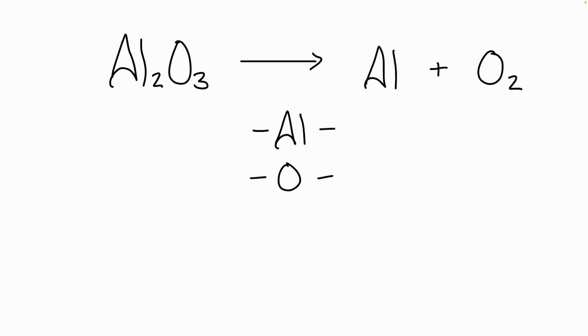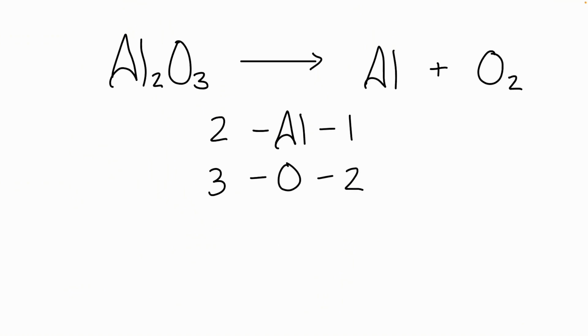Okay, so how many aluminums are on the left? 2. And how many oxygens are on the left? 3. How many aluminums are on the right? Just 1. And how many oxygens are on the right? 2. Okay, cool. So now my goal is to balance these out here.